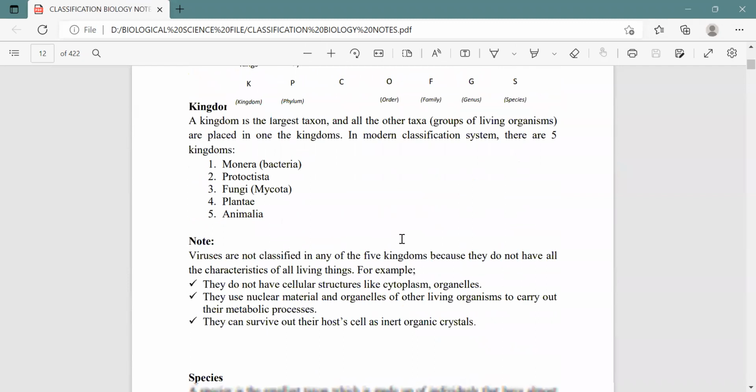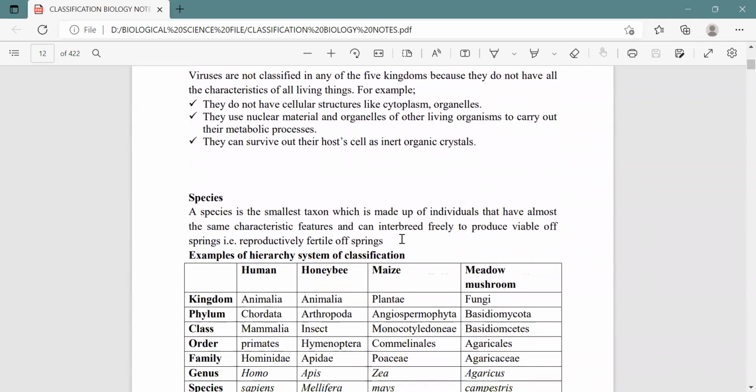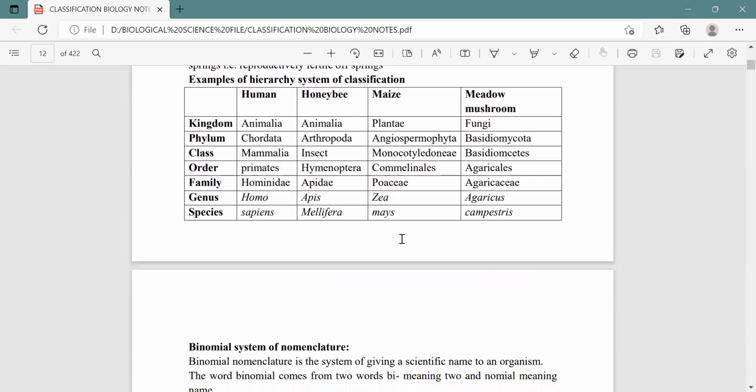Then we went on to look at the 5 kingdoms in which living organisms are classified, and concentrated on the concept of a species, giving examples of how living organisms can be fully classified, full classification from the domain to the species in that order. Domain, kingdom, phylum, class, order, family, genus, species.